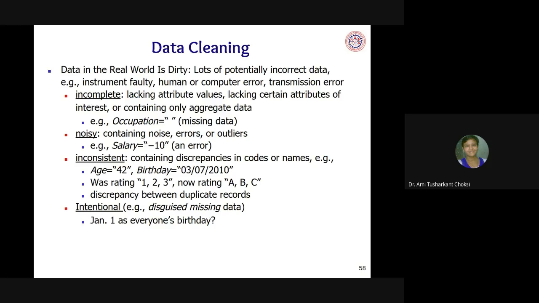For example, salary is equal to minus 10. Inconsistent means containing discrepancies in codes or names. For example, age is equal to 42, so the birthday cannot be in 2010, isn't it? The older rating was 123, but now the rating is A, B, C. So it is inconsistent. Discrepancy between duplicate records.